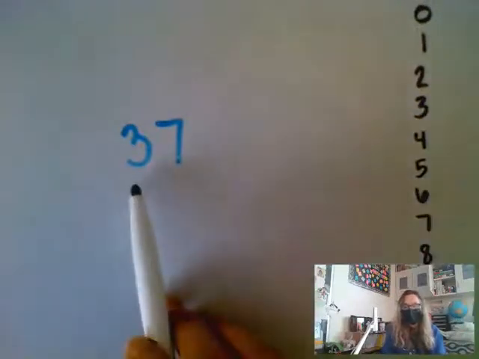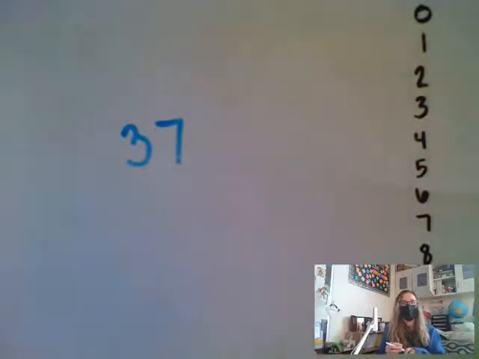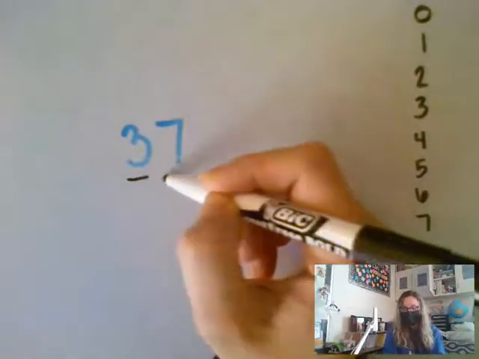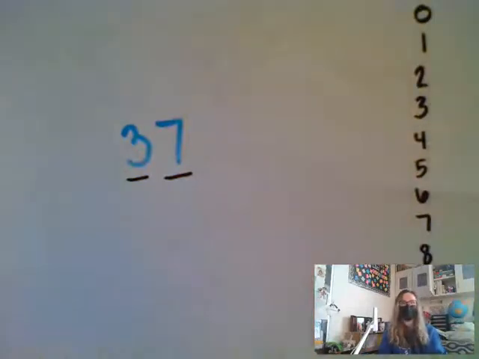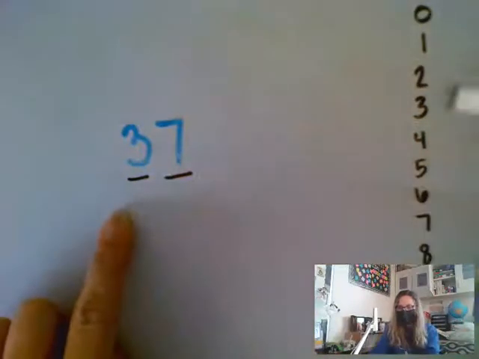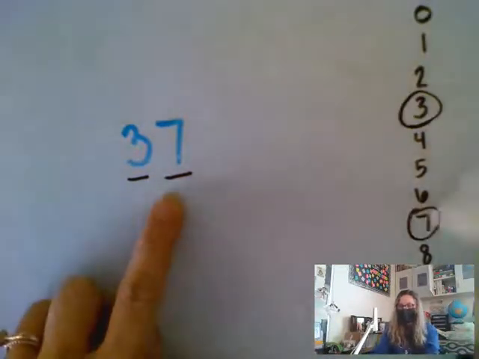So how many digits, Jacob, are in this number? I have a 3 and I have a 7. So how many digits is that? Camila, help him out. 2. 3 is a digit. 7 is a digit. 2 digits.